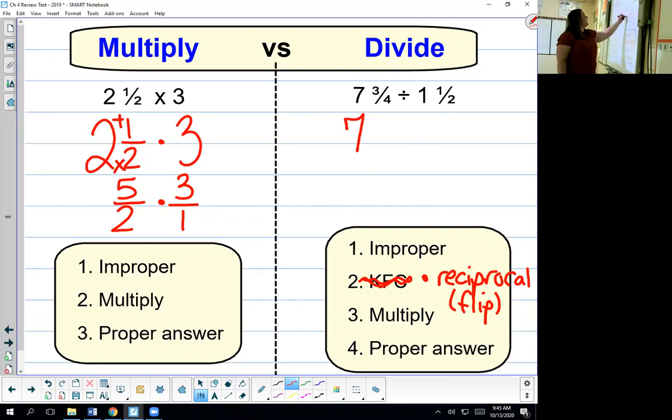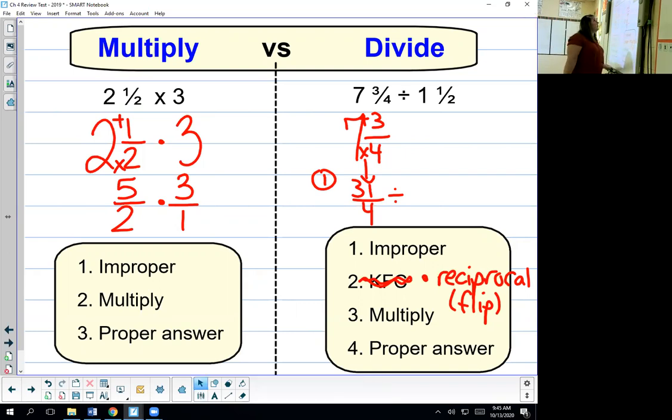Same thing here. Take your fraction. First thing you do is you make it improper. First step, we don't do anything crazy with it. We leave it alone. We then go ahead and make them both improper first.